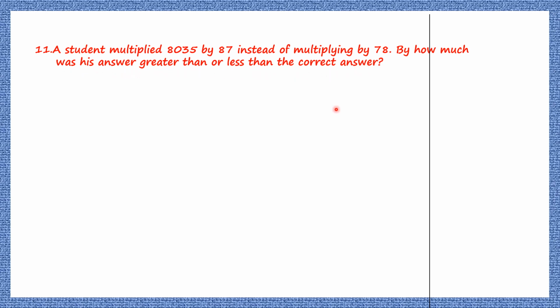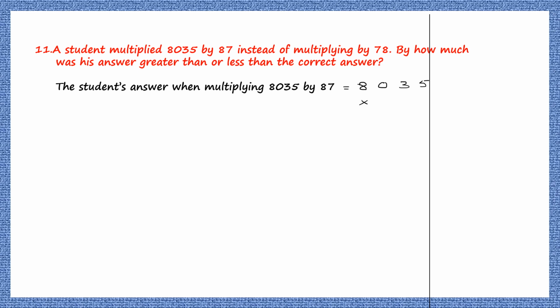So let's begin. The student's answer when multiplying 8,035 by 87 is how much? Let's multiply 8,035 by 87 and see what we get.